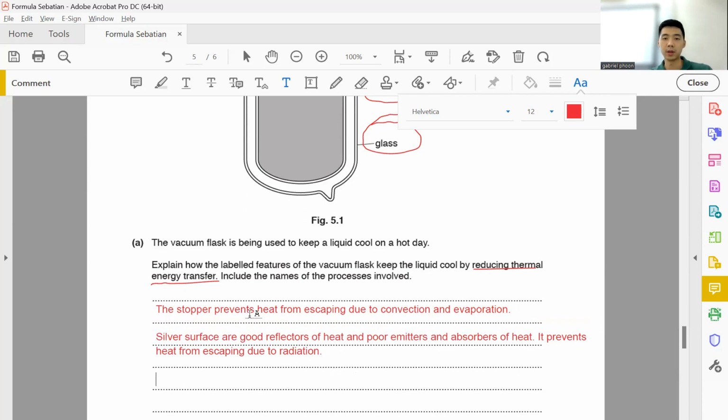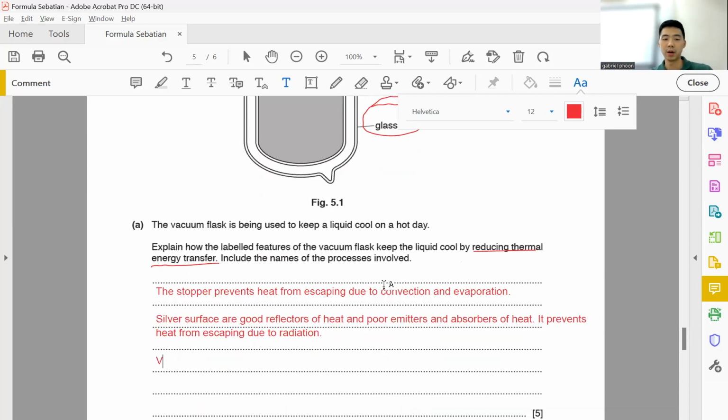And after that, your third one is going to be the vacuum, right? Vacuum prevents heat from escaping. This is something that prevents conduction and convection from occurring, as both of them require a medium.